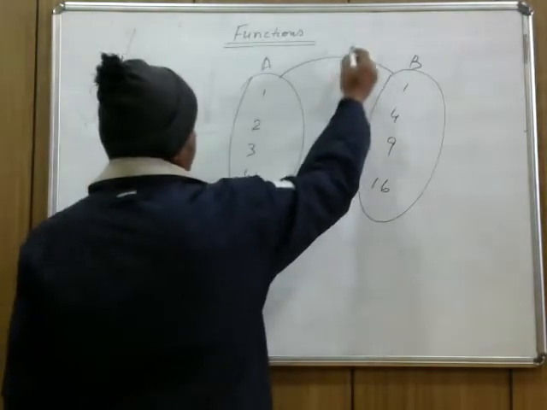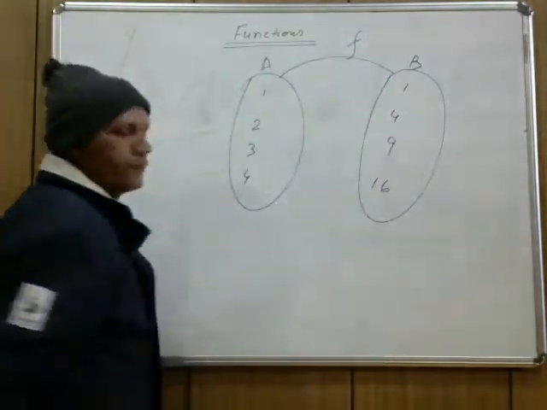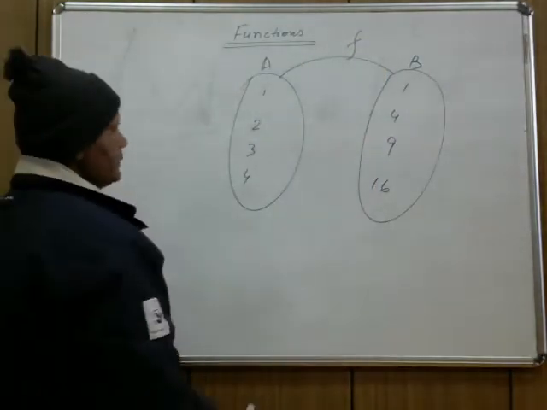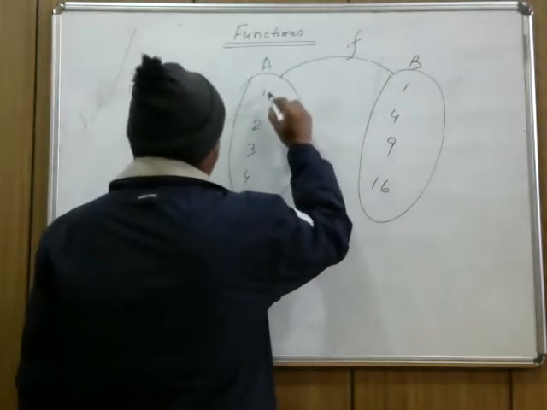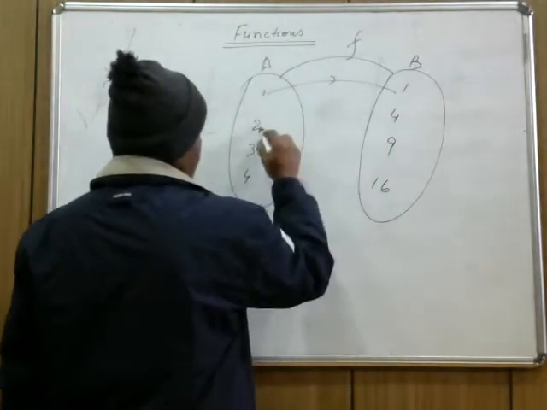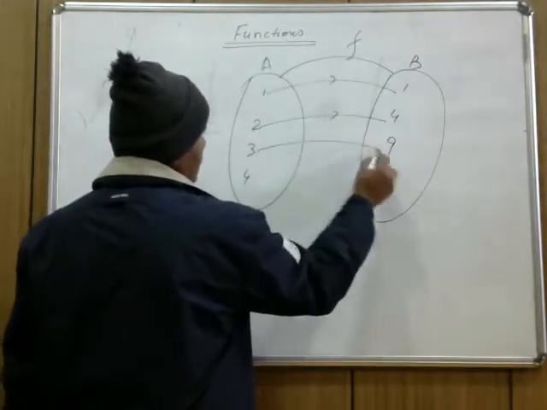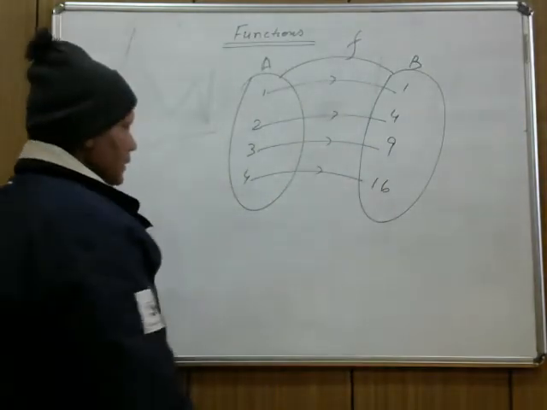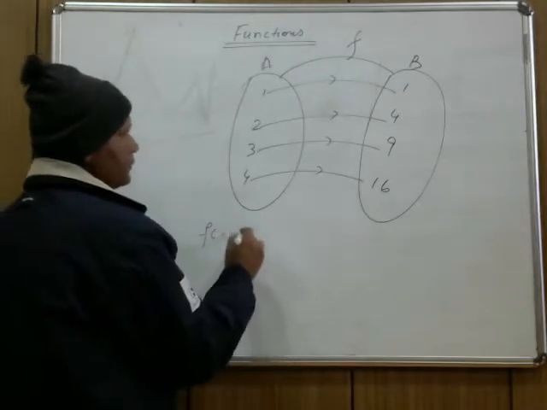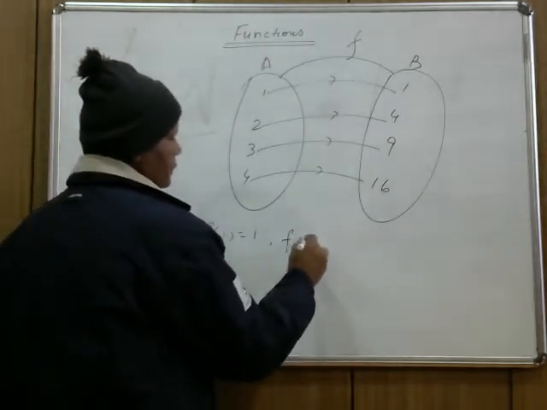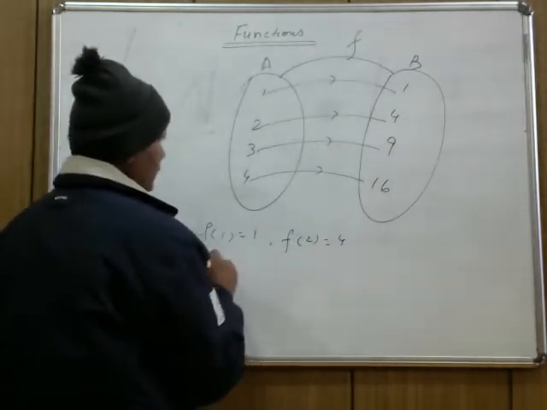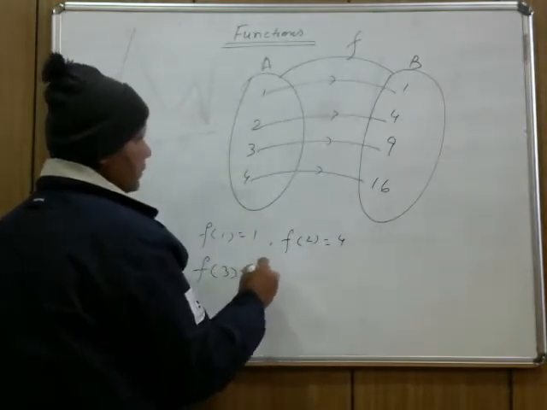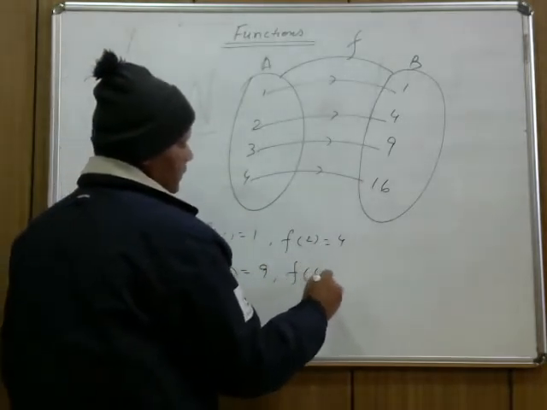Now, we apply a rule F on A such that the F image of 1 is 1, F image of 2 is 4, F image of 3 is 9, F image of 4 is 16. That means F of 1 is 1, F of 2 is equal to 4, F of 3 is equal to 9 and F of 4 is equal to 16.